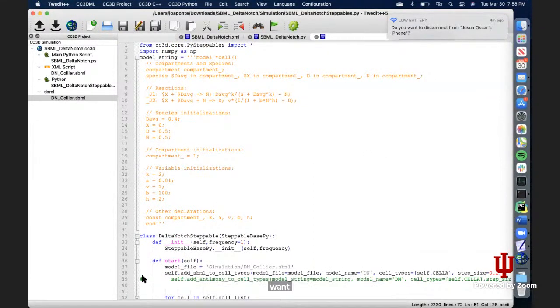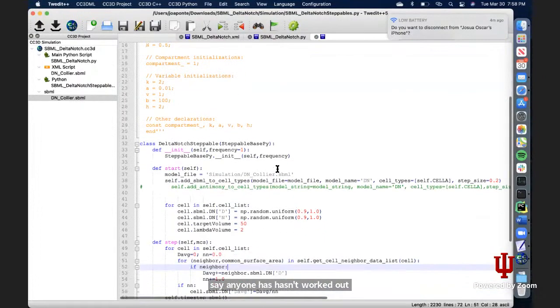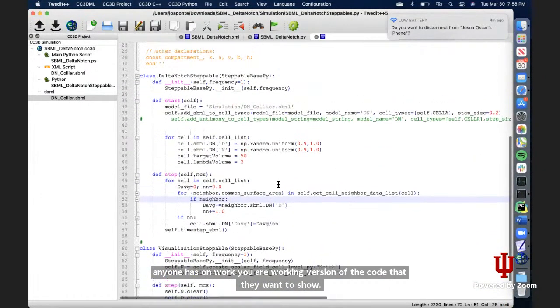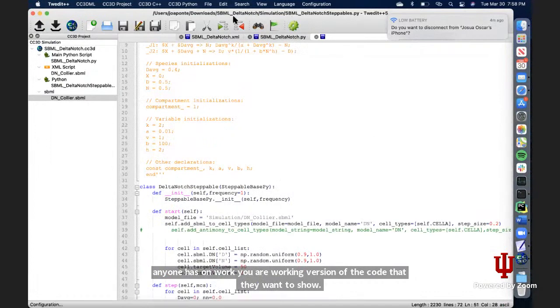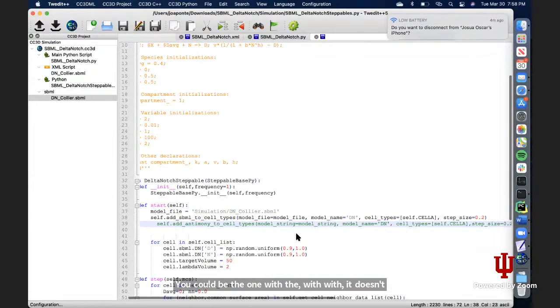Does anyone have a working version of the code that they want to show? It doesn't have to have the Antimony string. It would suffice to have the one with the SBML model.